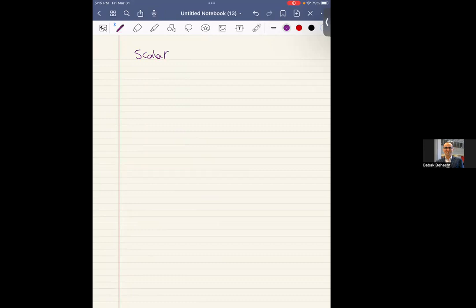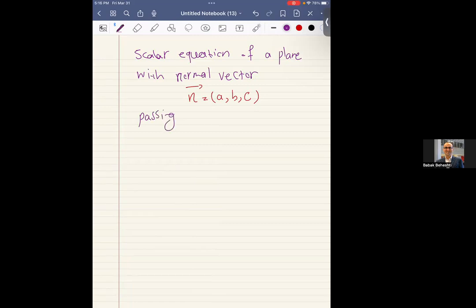A scalar equation of a plane with the normal vector N equal to A, B, C, passing through, say, this point X0, Y0, Z0, is given by this equation.